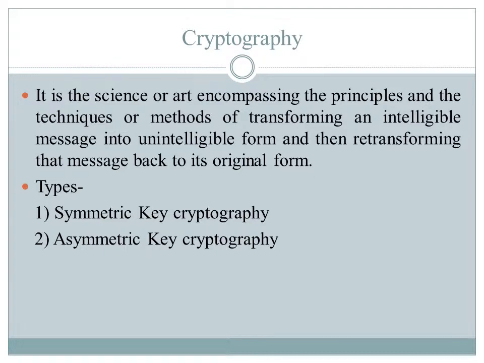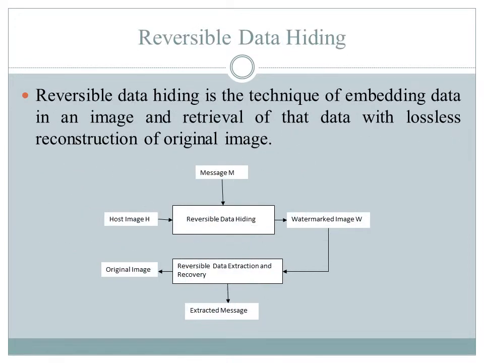But if somehow the intruder gets to know the private key, then he will be able to extract the data. So we need some technique where the existence of the hidden message is not visible to the intruder. For this purpose, we have data hiding techniques.